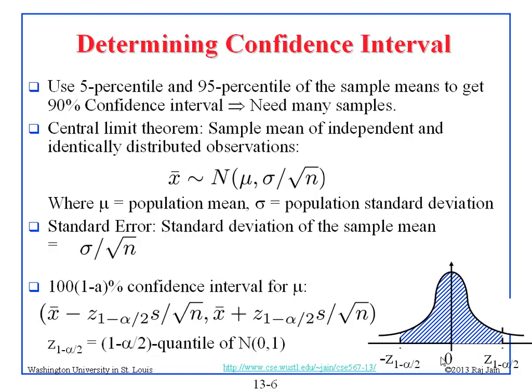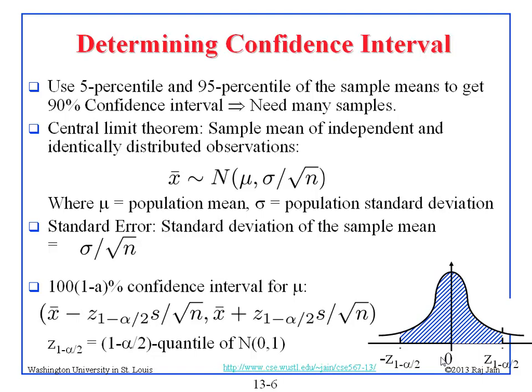If you take one observation, it will have a standard deviation of sigma. You take two observations, their variance of the mean will be sigma square by 2, and so its standard deviation would be sigma divided by square root of 2. When you take 3, square root of 3, and so on and so forth.